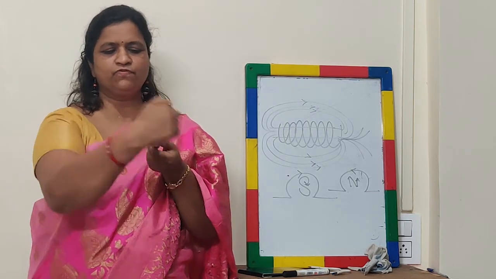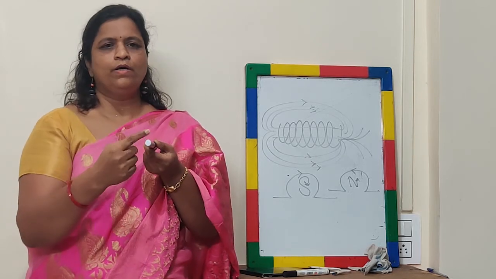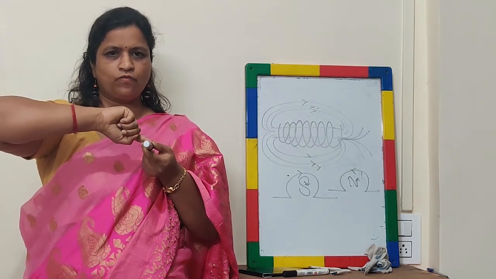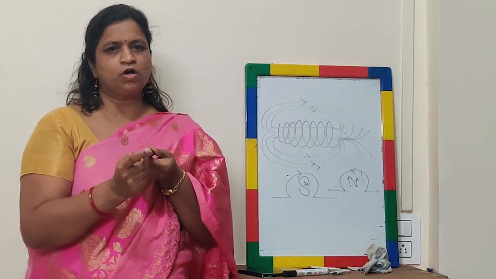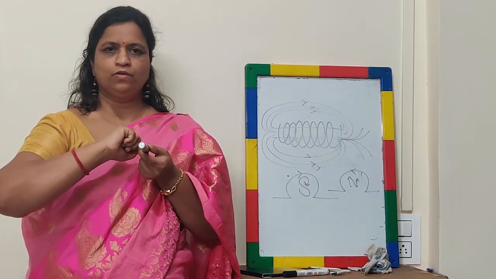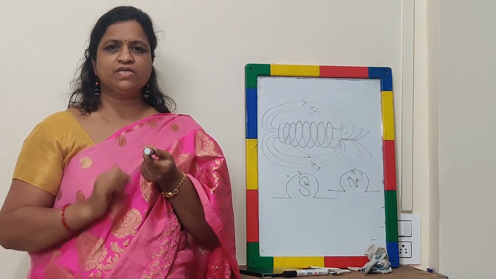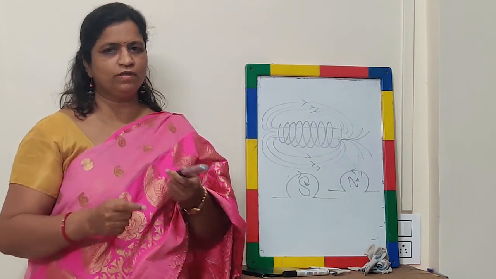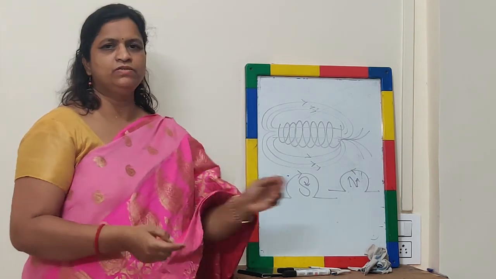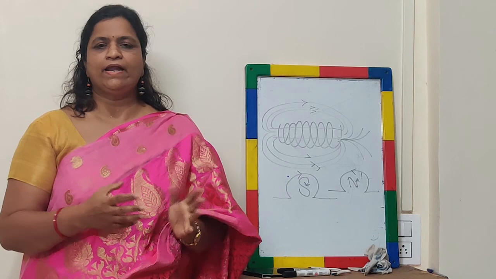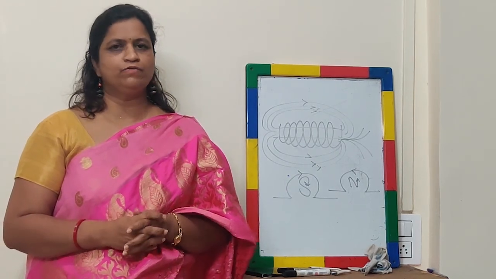So the current flows like this; this side is clockwise, so it becomes the south pole, and the anti-clockwise side becomes the north pole. If we change the battery, the current direction changes, and automatically the polarity of the magnet will change. And here we complete the solenoid part, and how to get a bar magnet using a solenoid.